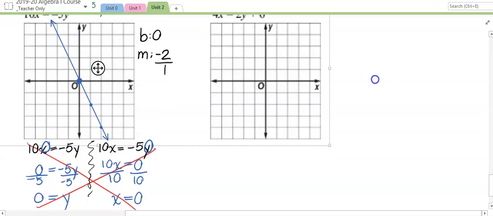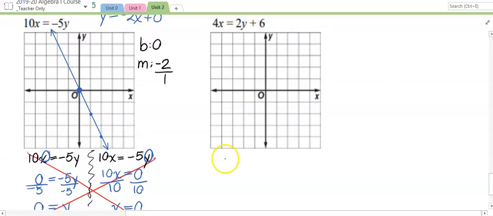Let's try this one using intercepts. 4x equals 2y plus 6.